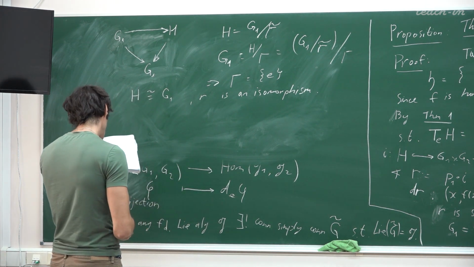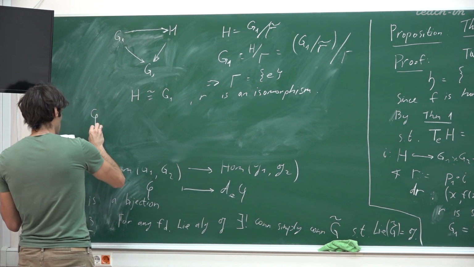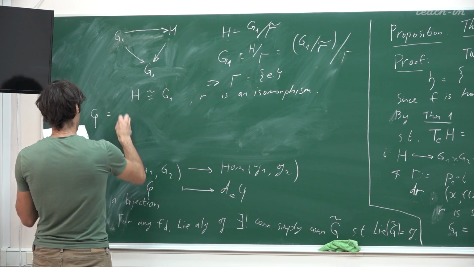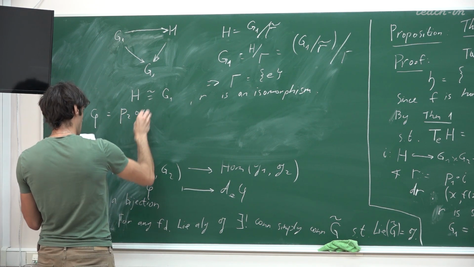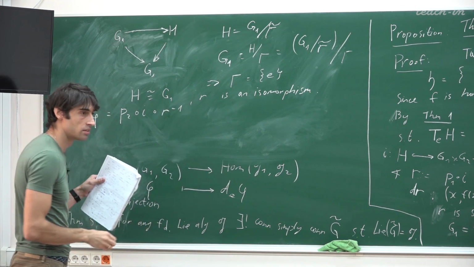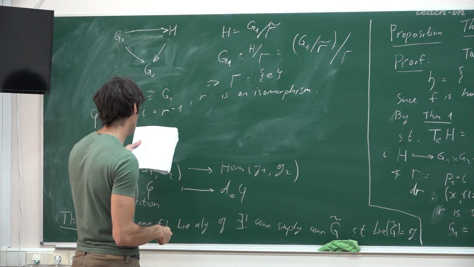Okay, then I consider the following thing. I take phi to be the following map: P2, I, R inverse. So that's why I needed R to be invertible.